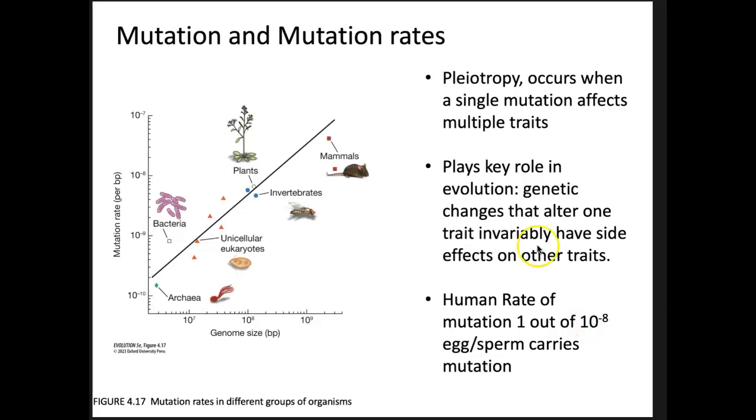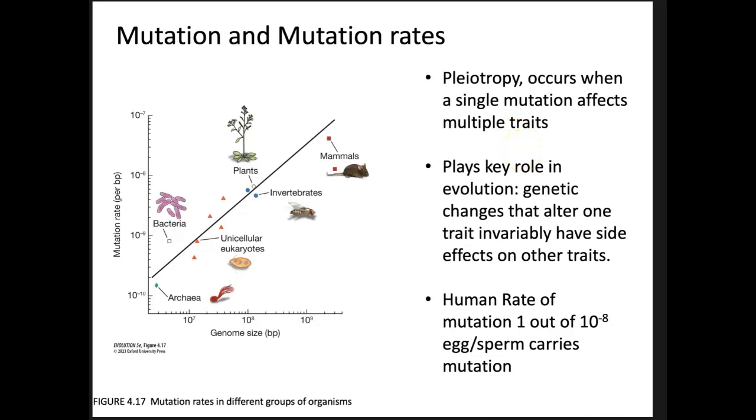Let's see here. What else did I want to tell you about this? Oh, pleiotropy. Pleiotropy refers to conditions where a single mutation can have a very serious impact on multiple sites.